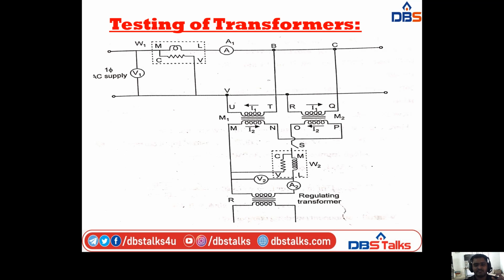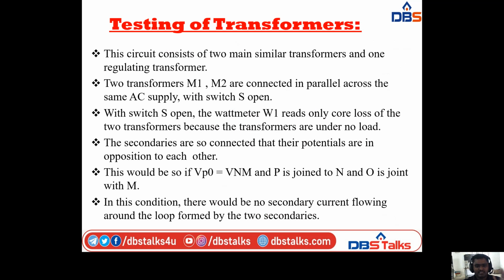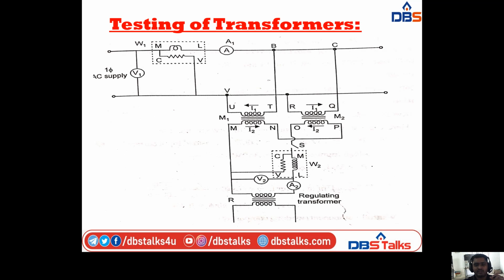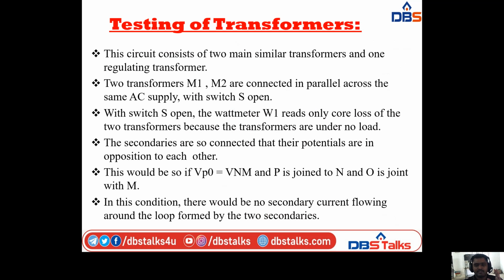The terminals here are M, N, O, and P. P is joined to N and O is joined to M. For the second transformer, P is joined to N, and O is joined to M. In this condition, there will be no secondary current flowing around the loop formed by the two secondaries.